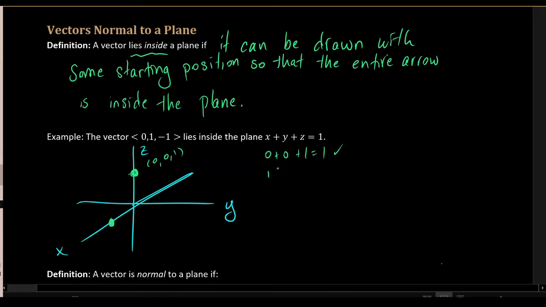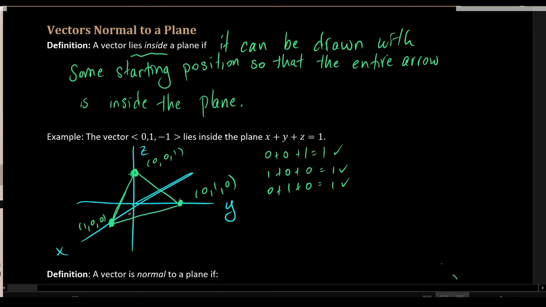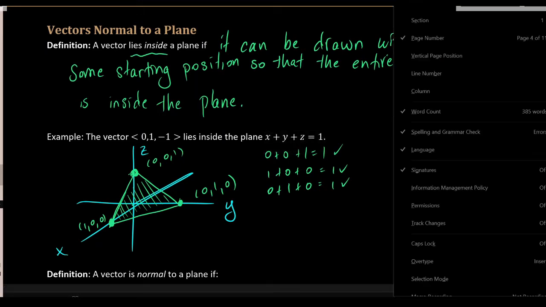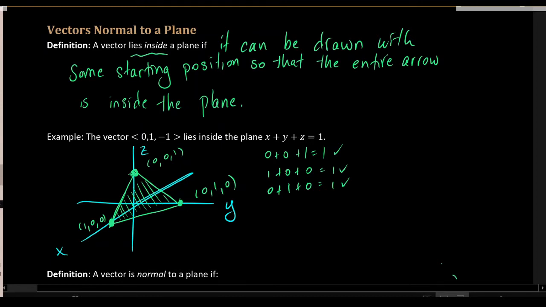Likewise, if x is 1 and everything else is 0, and likewise, if y is 1 and everything else is 0, that point also satisfies this equation, so it would also be on the graph of the plane. So I'm just going to sketch in the triangle which passes through all these points with the understanding that this drawing only gives you a little portion, a little swatch, a little piece of the plane, and the actual plane is infinite.